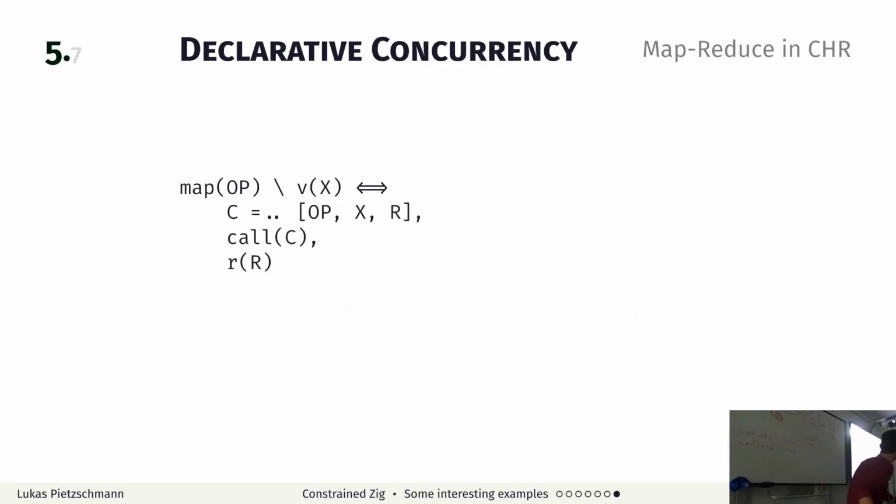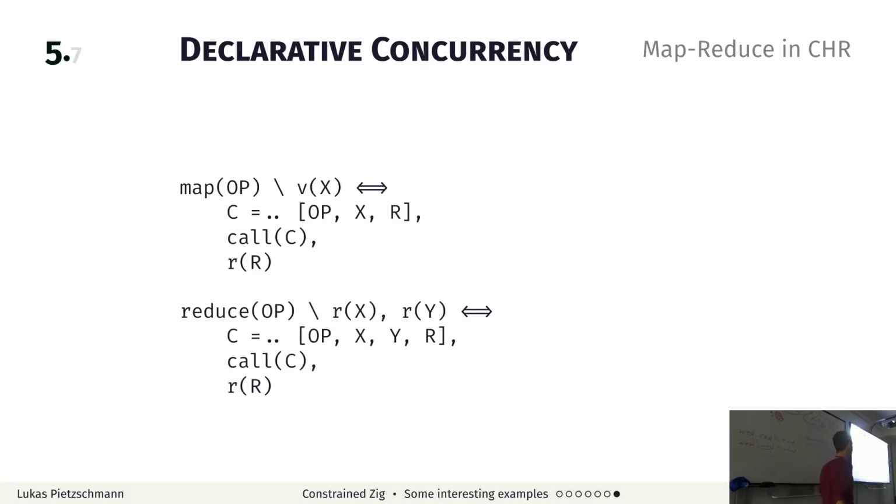We could think of a map constraint this way. We store any operation inside our map constraint, and we store just data inside of a constraint called V. So now if we have a map constraint and we have some data, we then take this operation, execute it on X, and store our result in R, and then just return an R constraint with the result of the map. So that's our first stage for map reduce.